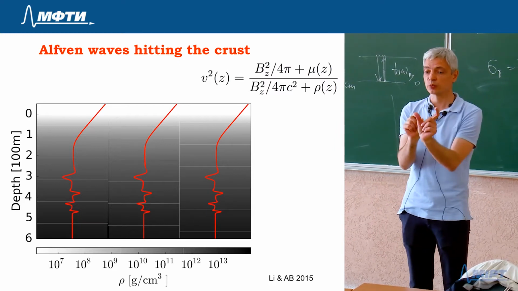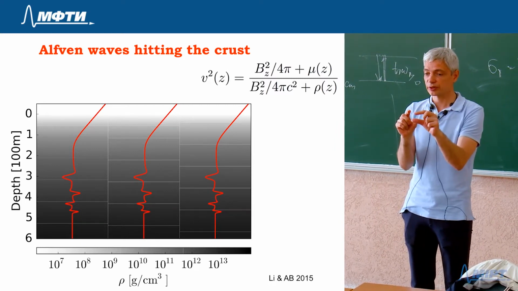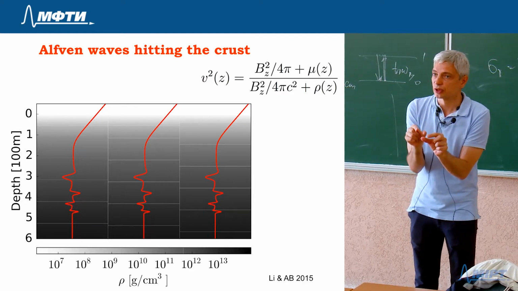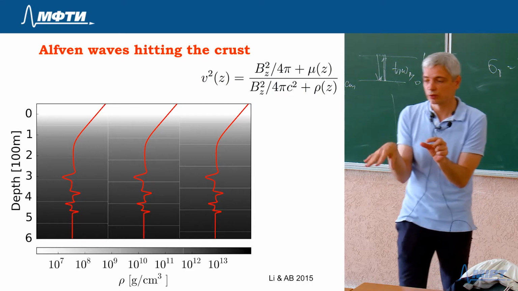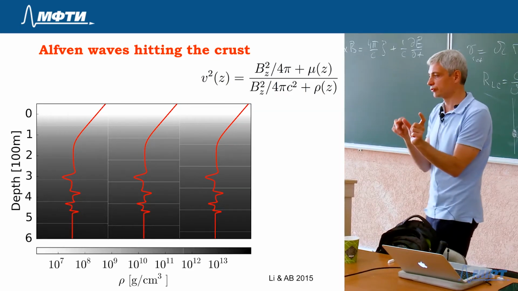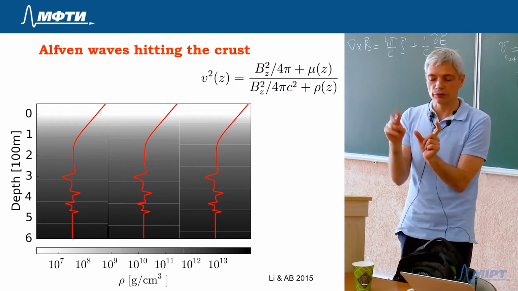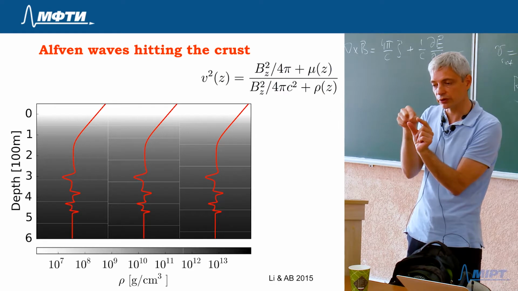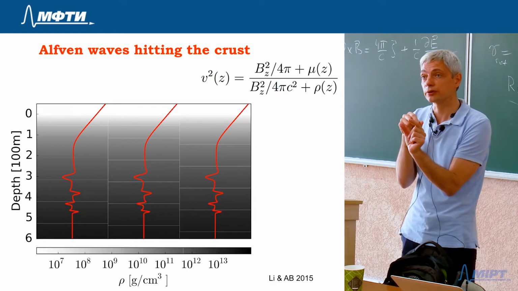What happens next? This wave is compressed, its amplitude is reduced, but its strain, it turns out, is a simple calculation which I don't have time to show, but it's a very simple back-of-the-envelope calculation that shows that the strain in this wave, that is the derivative of displacement, is actually growing.